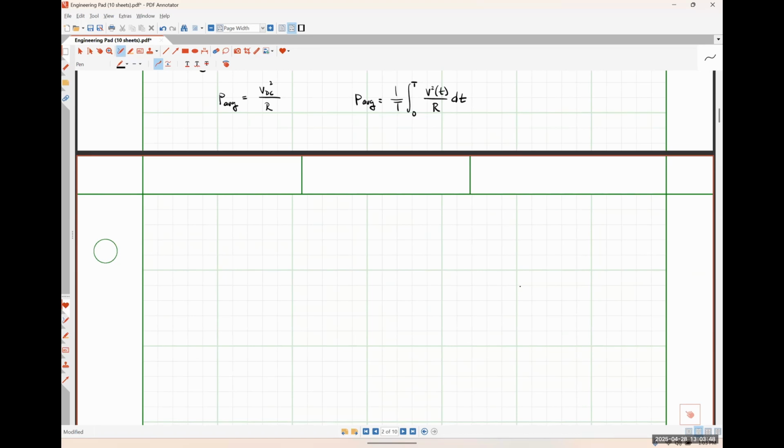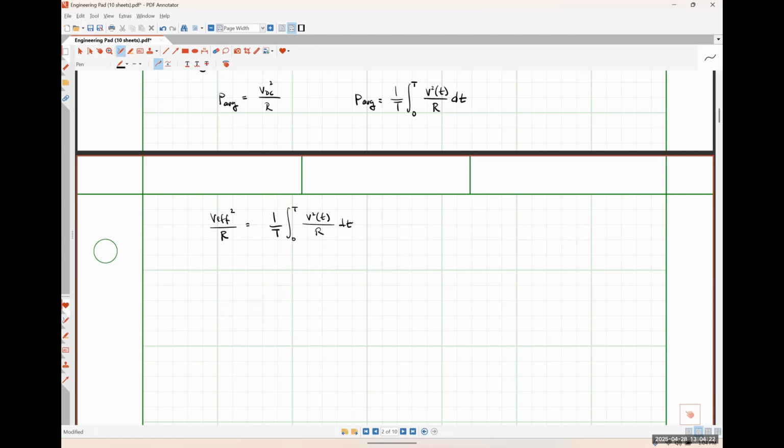So if I equate these two things, I would have V effective squared, which is taking the place of my DC voltage, since the effective value is just a DC equivalent, divided by my resistance, is equal to 1 over my period times the integral from 0 to t of the square of my periodic voltage signal divided by R, and I'm integrating with respect to time.